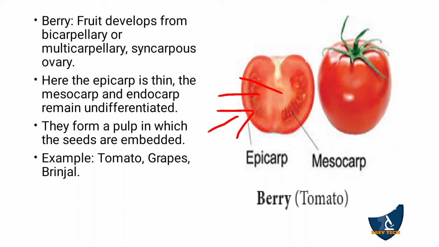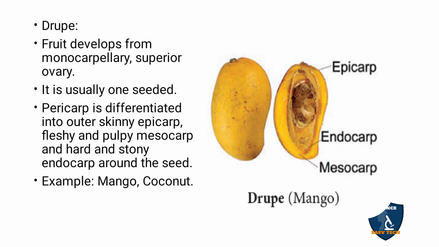Next we move on to drupe. The best example of drupe is mango. Here the fruit is developed from a monocarpellary superior ovary, and the drupe is a one-seeded fruit.